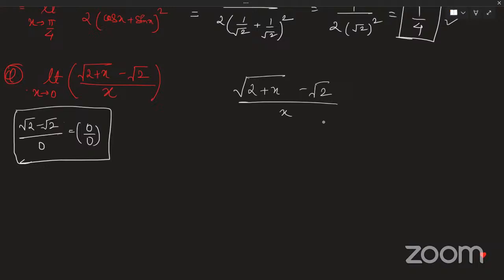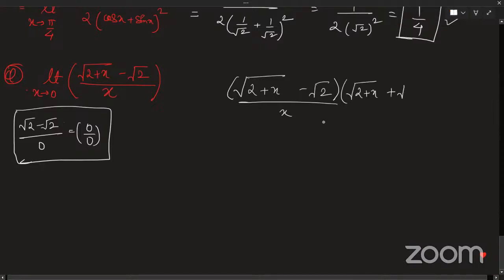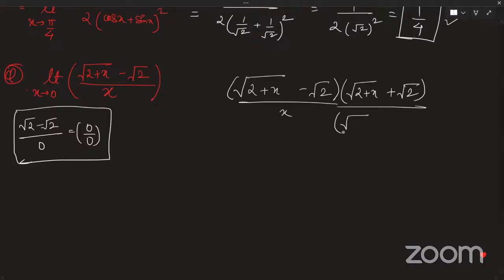By rationalizing. Correct. So you multiply by a plus b around, and the same a plus b would come in the denominator.